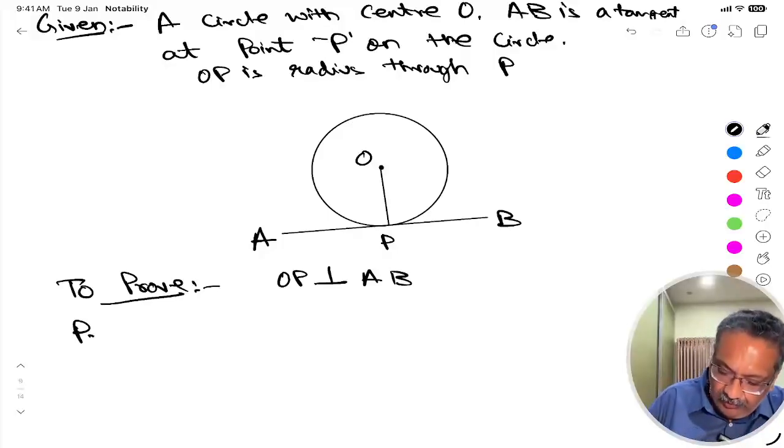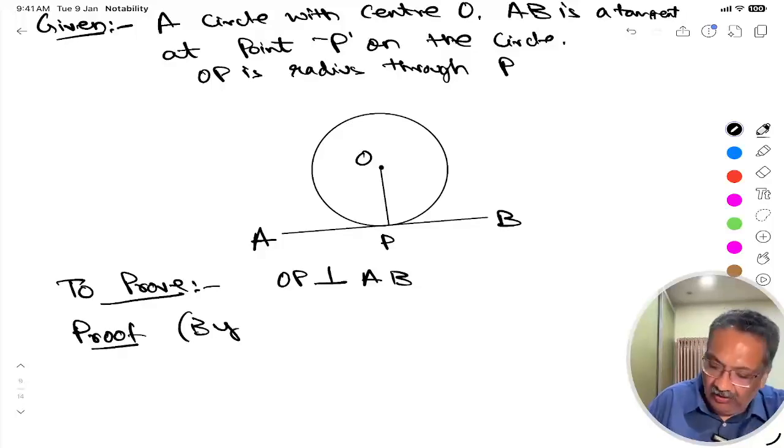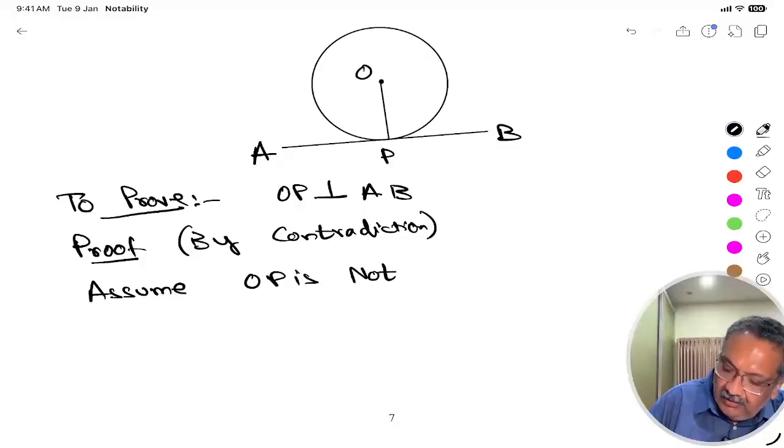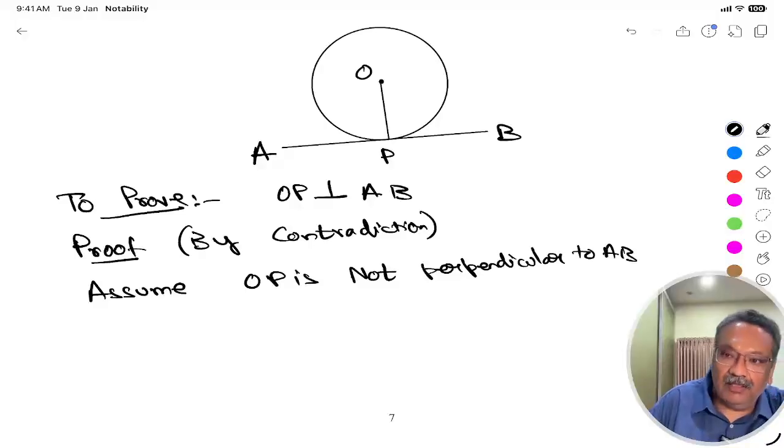So the proof is by contradiction. Now let us assume OP is not perpendicular to AB.